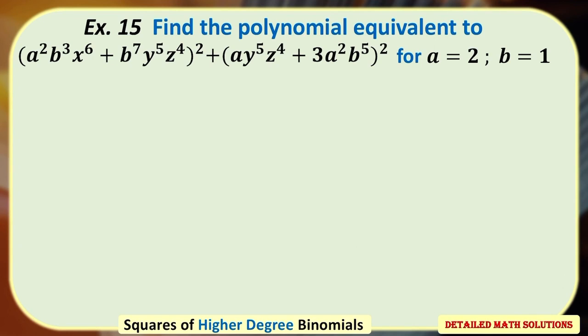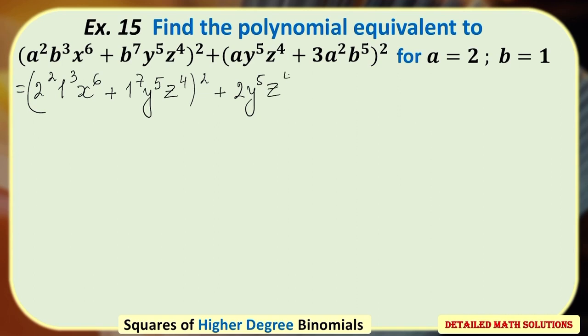When I do that, this equals 2 squared, 1 cubed, x to the 6th power, plus 1 to the 7th power, y to the 5th power, z to the 4th power, in parentheses, squared, plus 2y to the 5th, z to the 4th, plus 3 times 2 squared, 1 to the 5th power, in parentheses, squared.